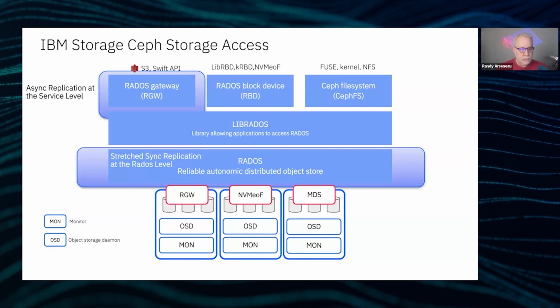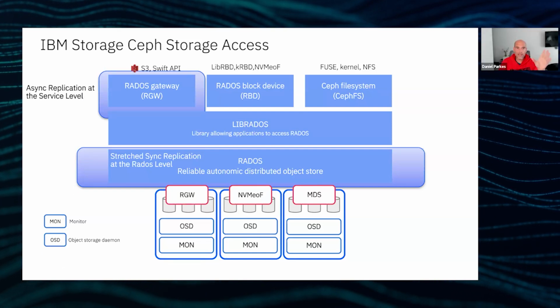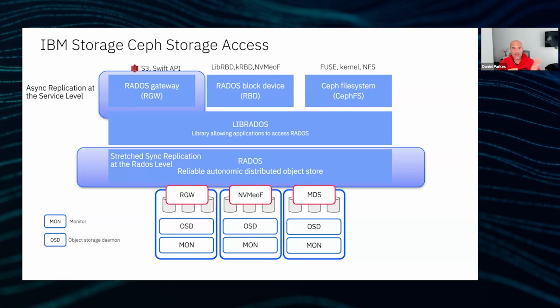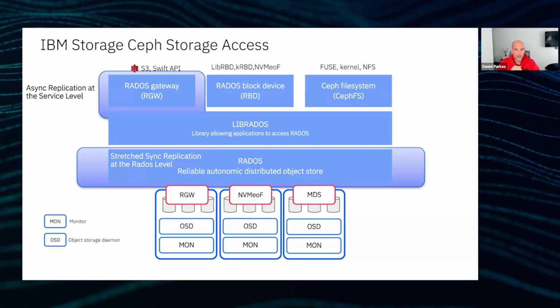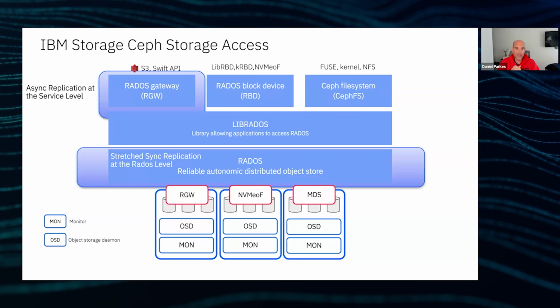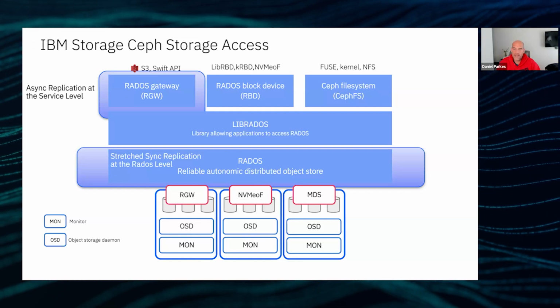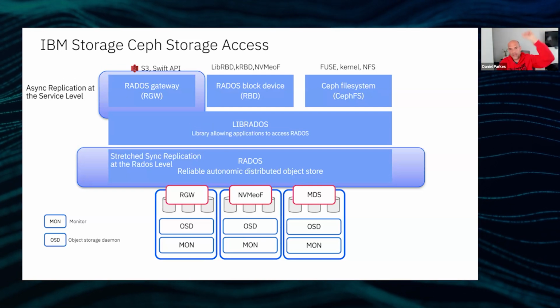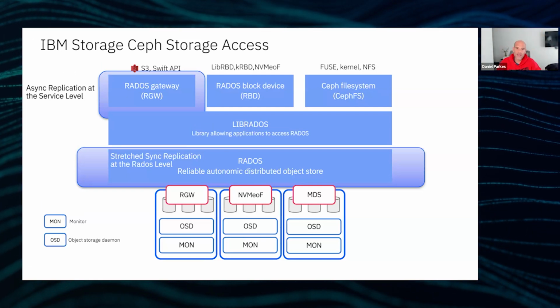On the other hand, asynchronous replication is actually done per daemon, as we mentioned before. So in this example for this slide, we would configure RADOS Gateway, that is the S3 object replication, and we will configure this one to connect to another Ceph cluster and start doing multi-site asynchronous.